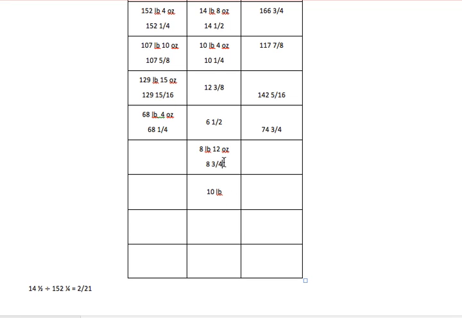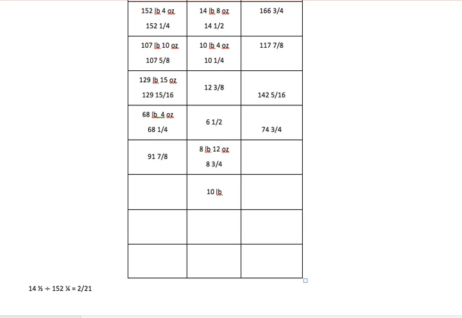Given the fact that we have the y value and we're looking for the x value, we are going to have to work backwards, which means we're going to have to divide rather than multiply by 2/21. And when we divide 8 3/4 by 2/21, we get 91 7/8 pounds.